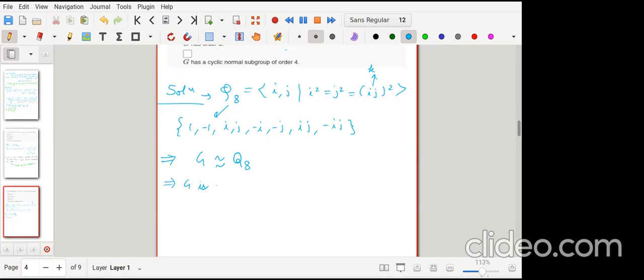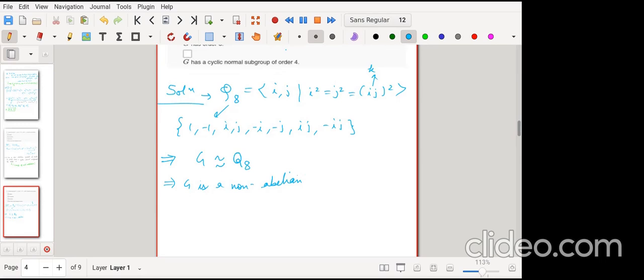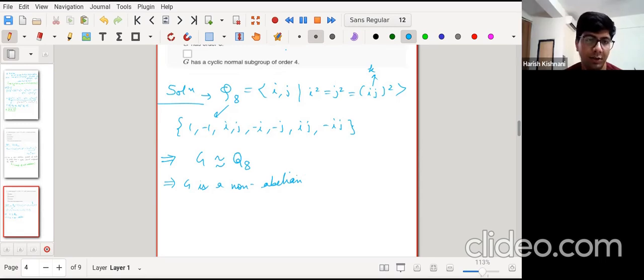So D4 and Q8 are not the same in the manner that D4 has a unique subgroup of order 4, but Q8 has three different subgroups of order 4, generated by i, generated by j, and generated by ij.